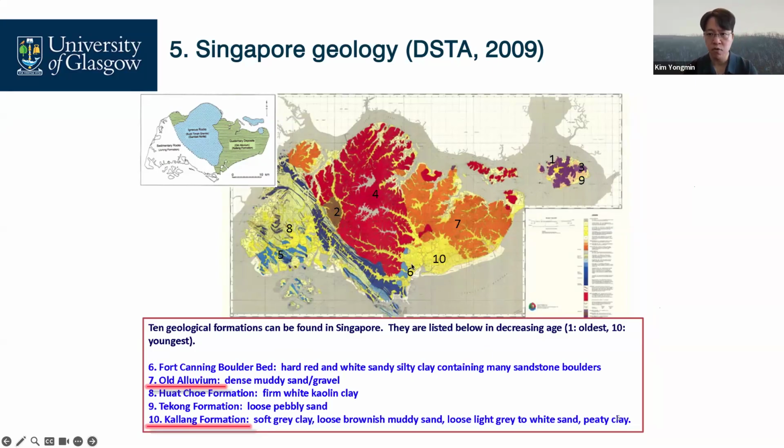These 4 geological formations, Jurong Formation, Bukit Timah granite, Kallang Formation, and old alluvium, are the representative geological formations in Singapore. Other geological formations tend to exhibit similar engineering behaviors and characteristics to our 4 geological formations, and their proportion is also very minimal.